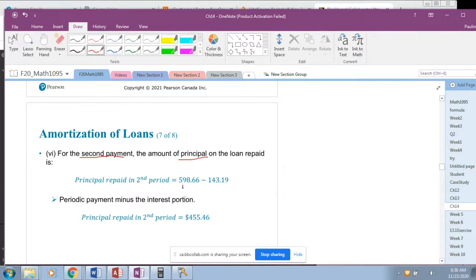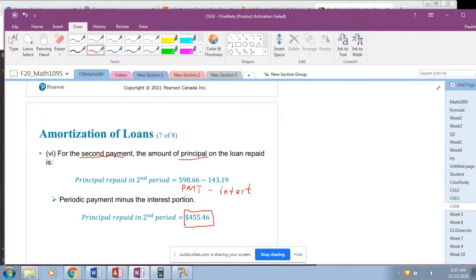Principal always equals the monthly payment, PMT, minus interest. That is the principal paid. So the principal paid is $455 for the second payment.